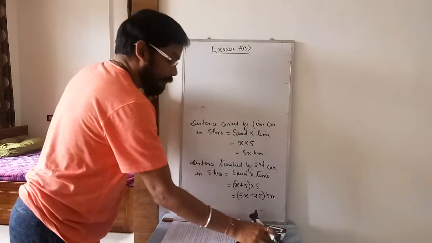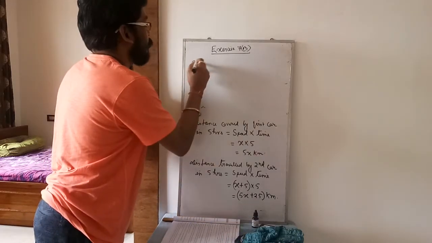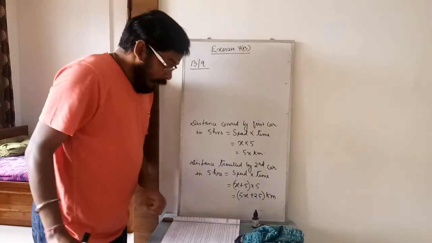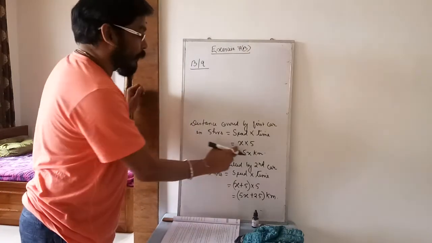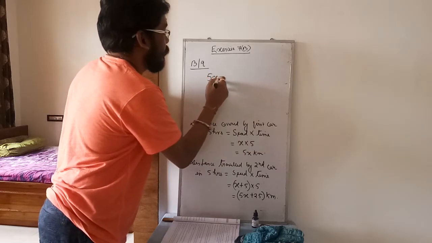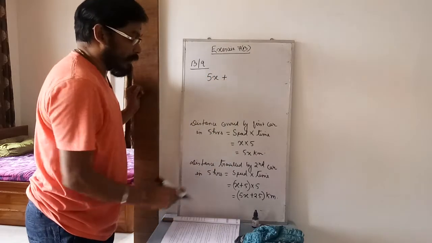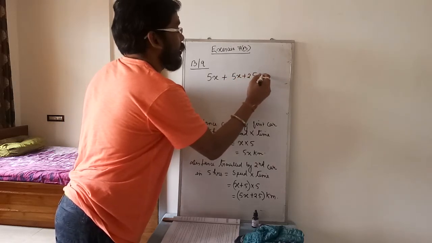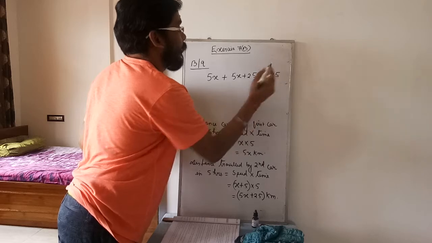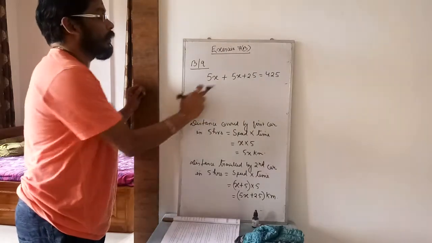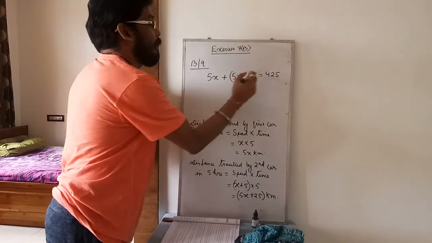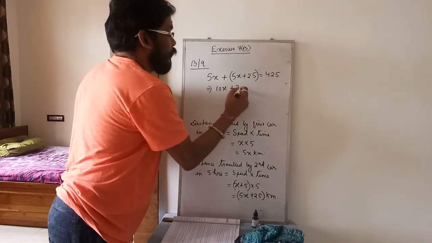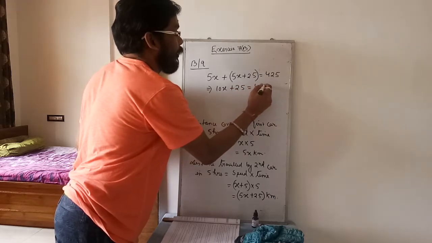So by the question, the distance traveled by the first car plus the distance traveled by the second car, the total distance, is 425. So 5x plus 5x plus 25 equals 425, that is 10x plus 25 equals 425.